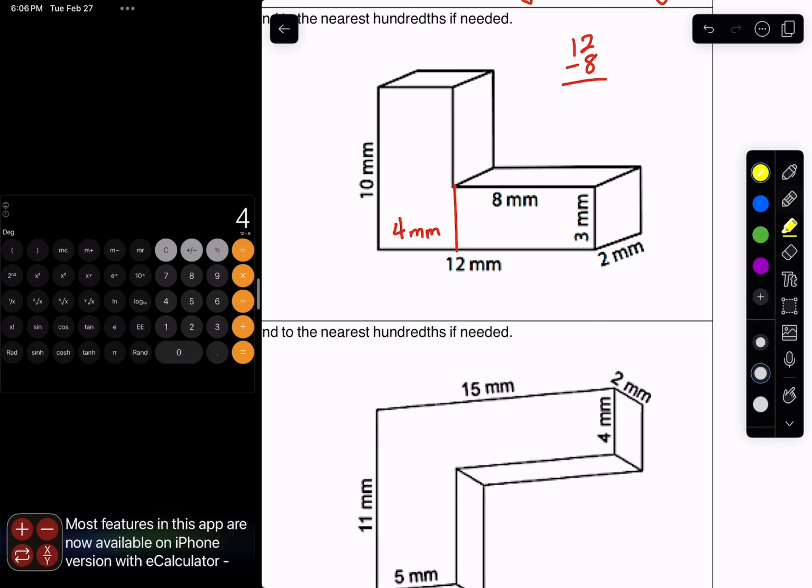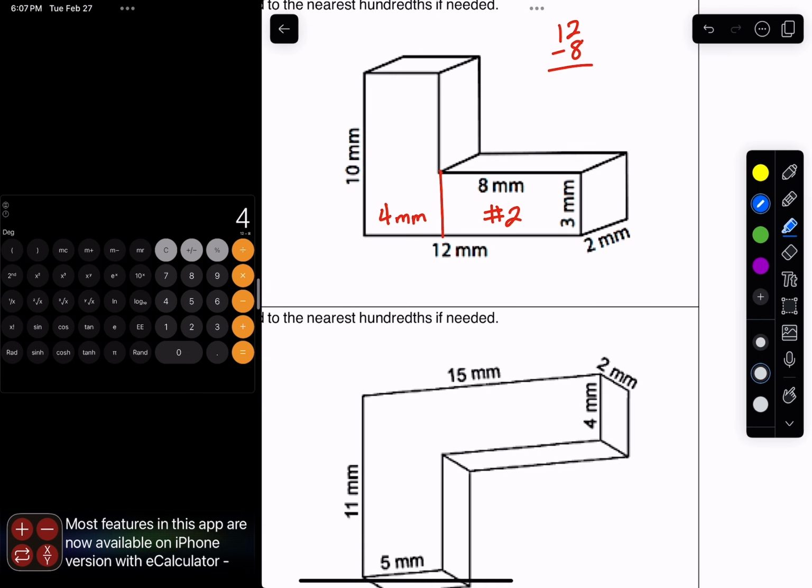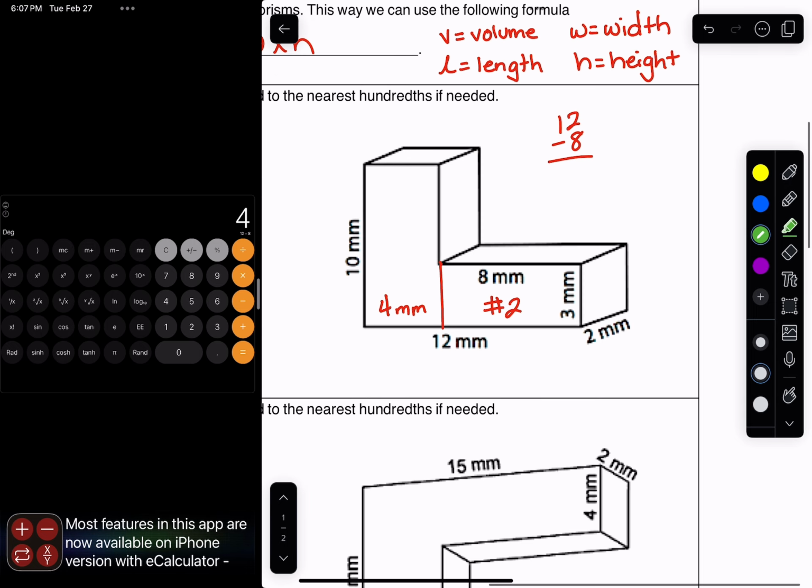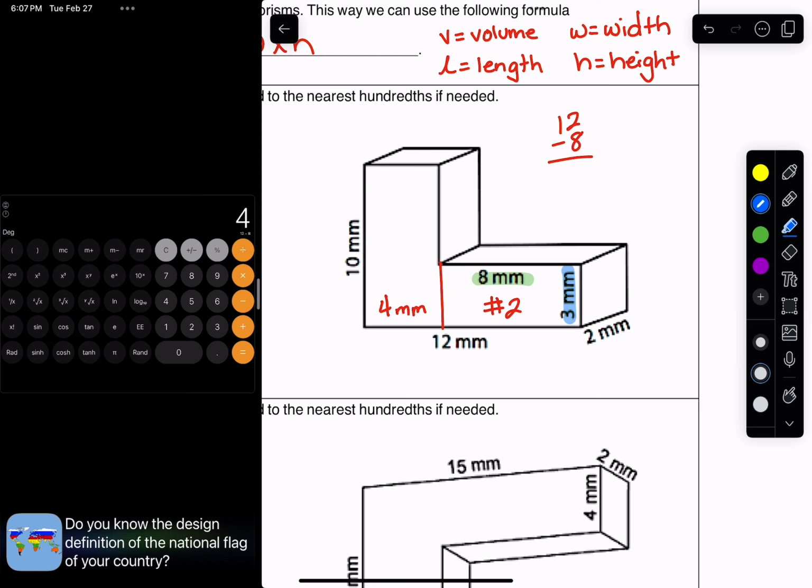So for this rectangular prism, I'm going to number it 2. I have my length right here, my height right here, and my width right here. Those are for number 2.